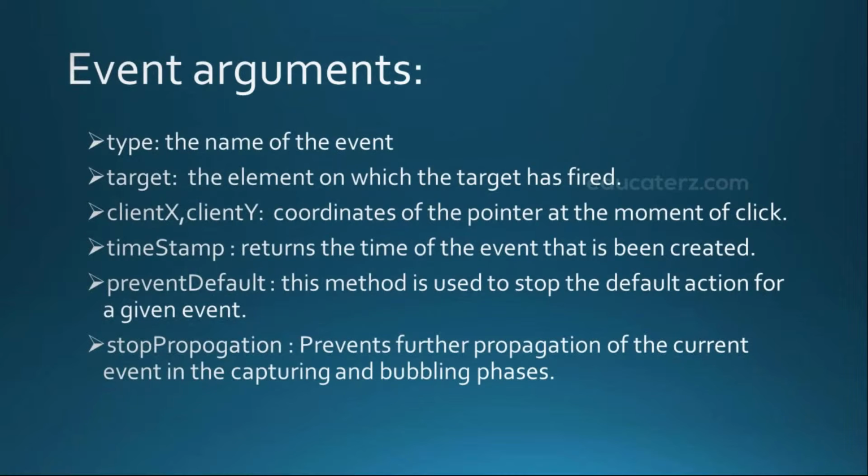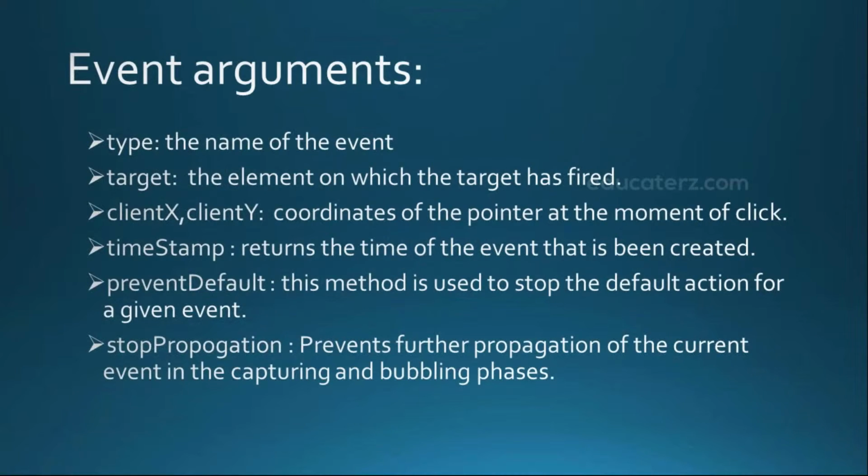Target, the element on which the event has fired, like on which DOM element this event has happened. clientX and clientY contain the coordinates of the pointer during this event, like when this event has happened, what are the coordinates of the mouse pointer. Timestamp returns the time when the event was created, in milliseconds.